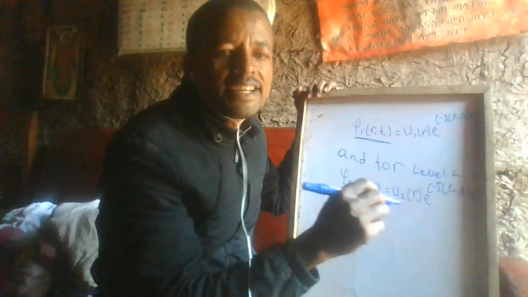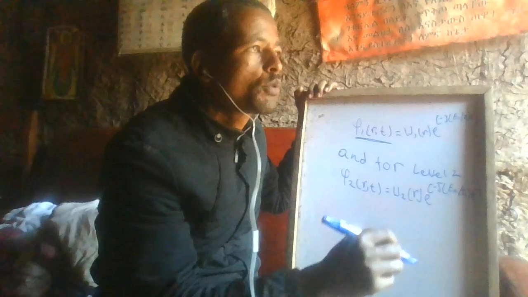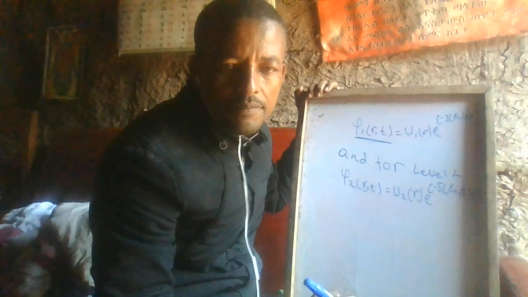The origin is taken at the nucleus, and h bar is equal to h over 2 pi.